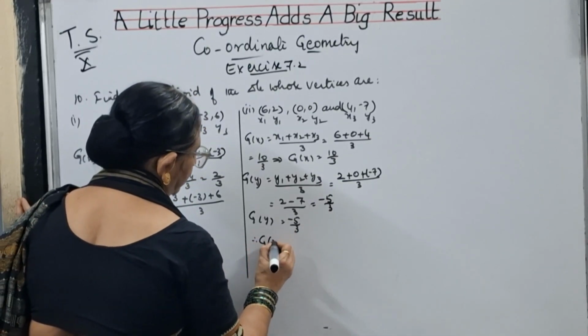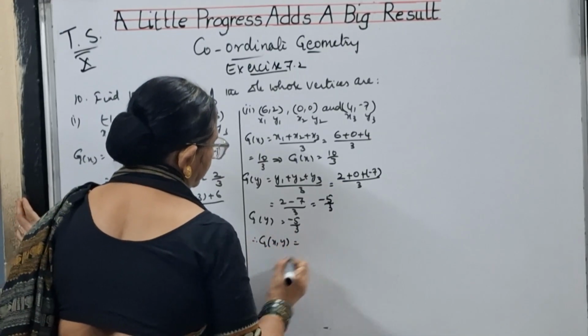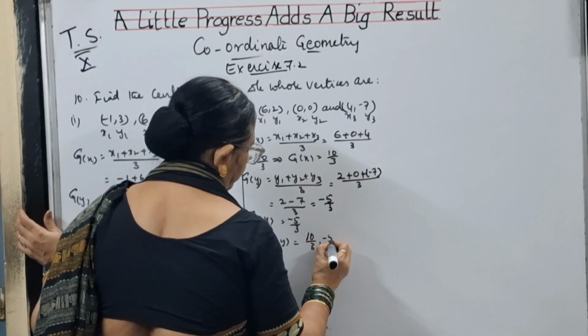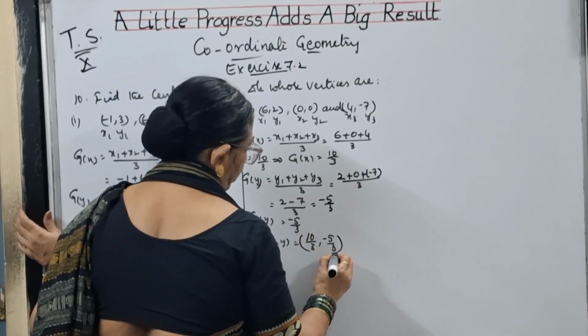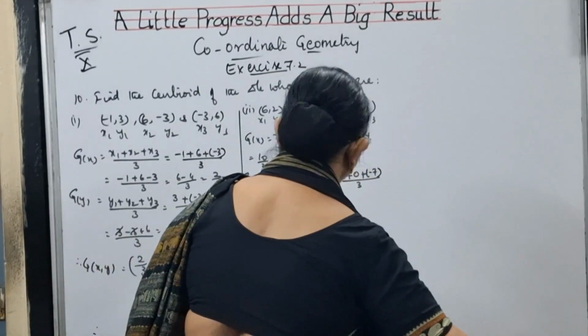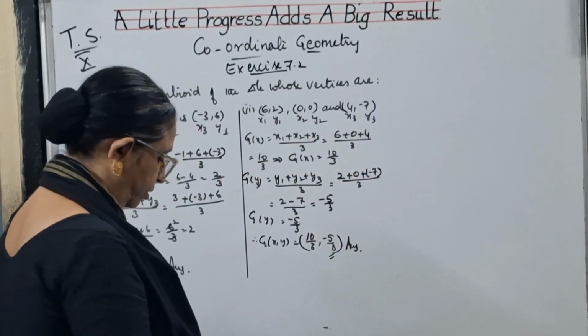Therefore, g of x comma y is equal to 10 by 3 comma minus 5 by 3. This is the answer for the second bit, children.